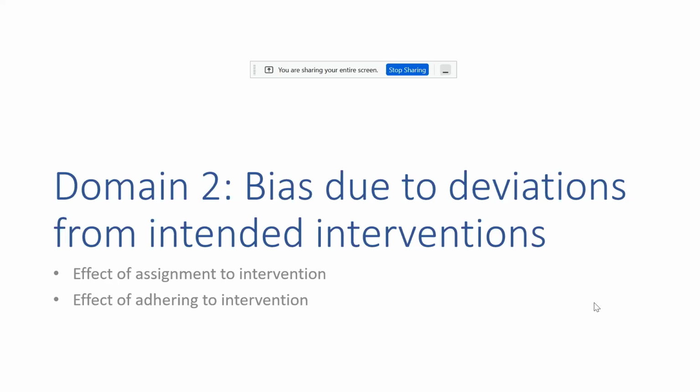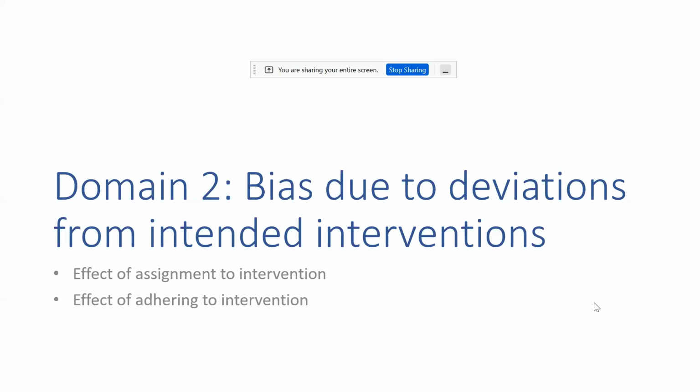For instance, if we are starting an exercise program for a large number of people, definitely not everyone is going to follow that intervention. There are going to be a lot of dropouts, but that is what also reflects our real life scenario, isn't it? So that is why it is more important to assess the effect of assignment to intervention in such a case.